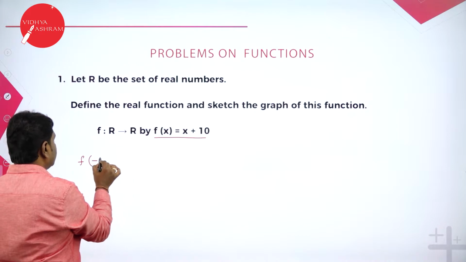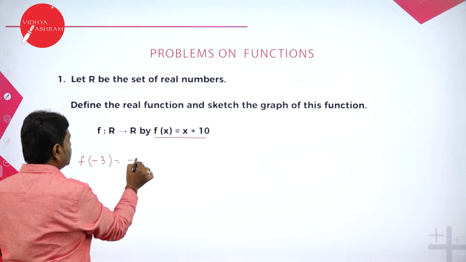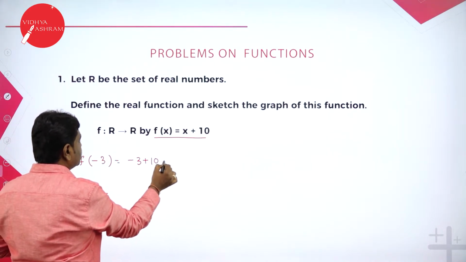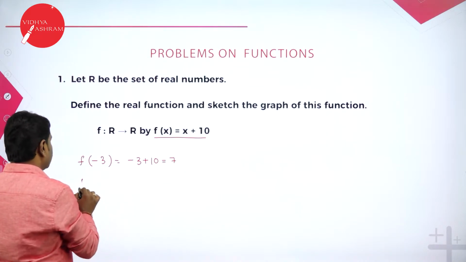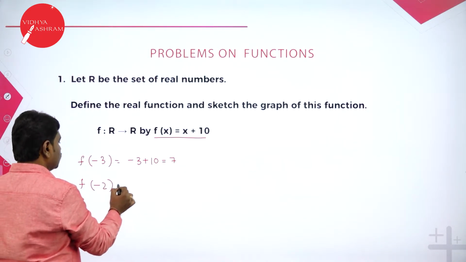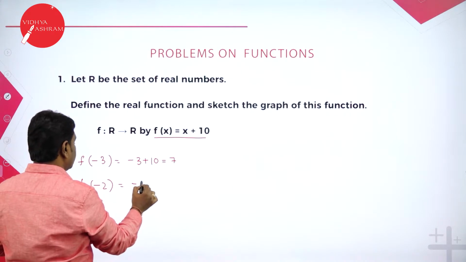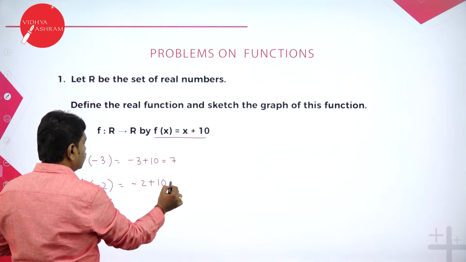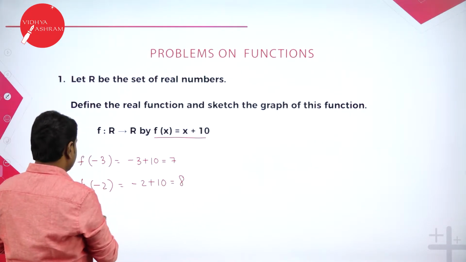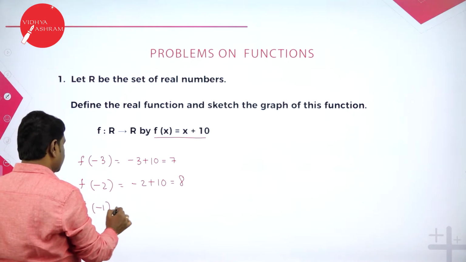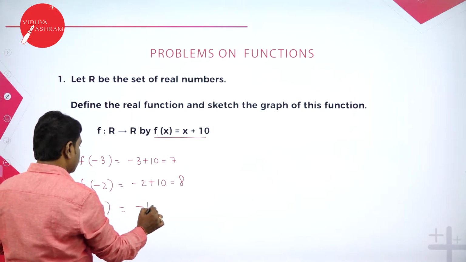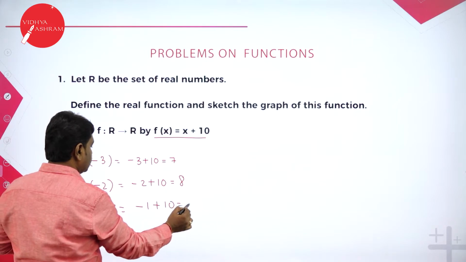If I take f of minus 3, it will become minus 3 plus 10. What is minus 3 plus 10? 7. If I take f of minus 2, in the place of x put minus 2. Minus 2 plus 10 is what? 8. F of minus 1 if I take, minus 1 plus 10, 9.